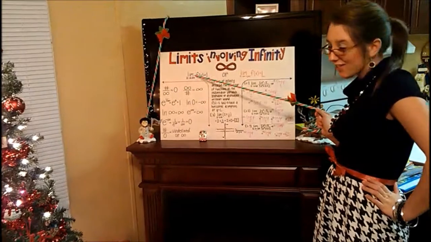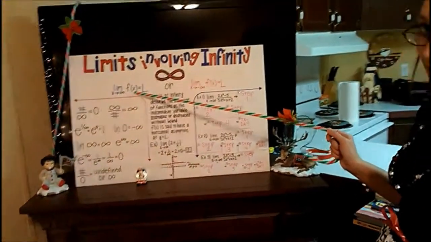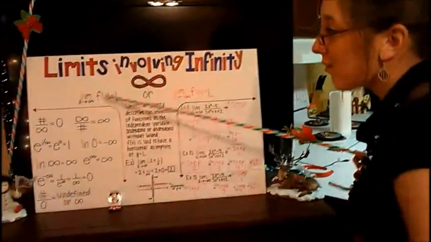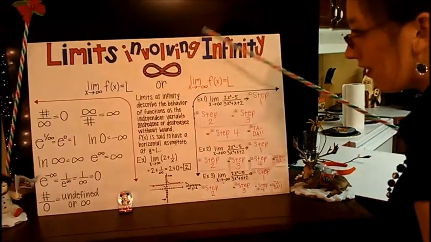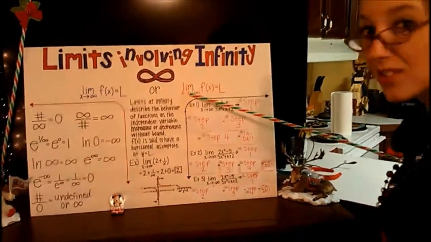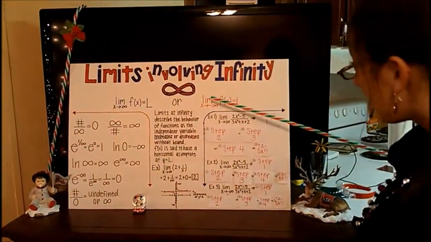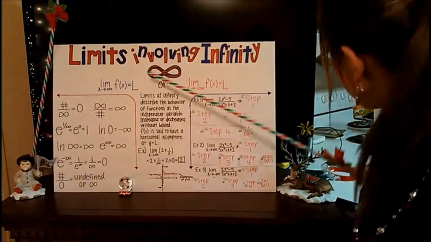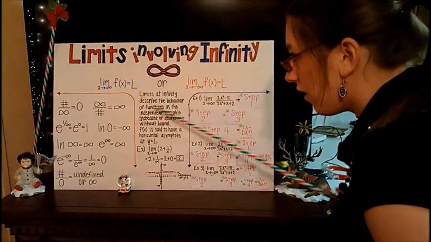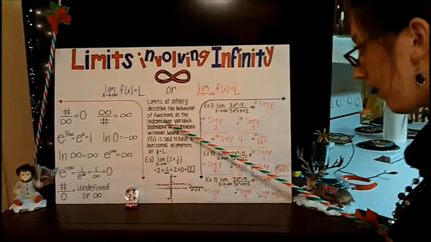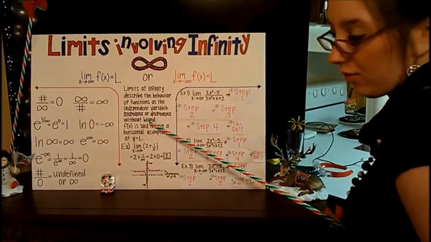The limit as x approaches infinity of the function f of x is equal to L, and the limit as x approaches negative infinity of the function f of x is equal to L. Limits at infinity describe the behavior of functions as the independent variable increases or decreases without bound.